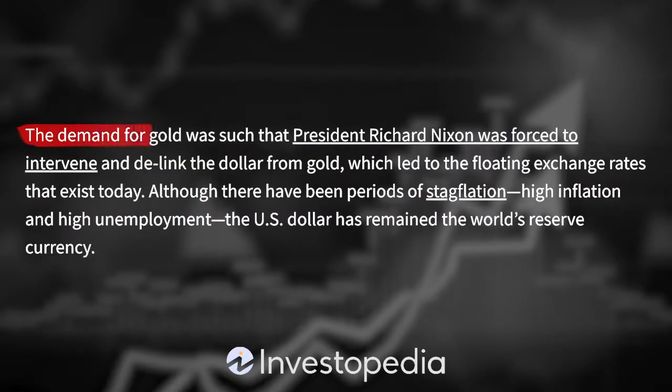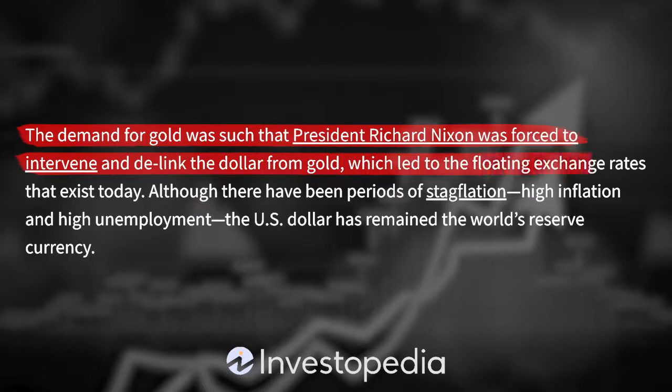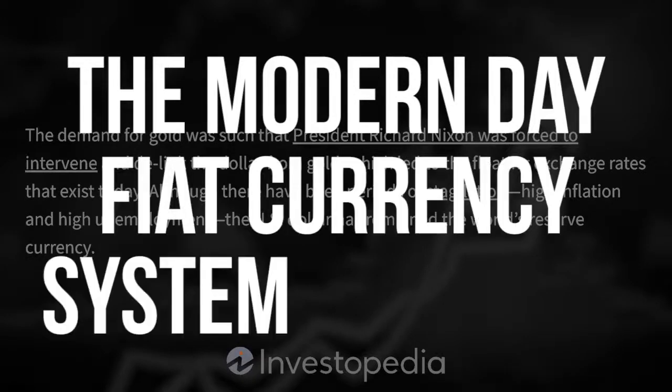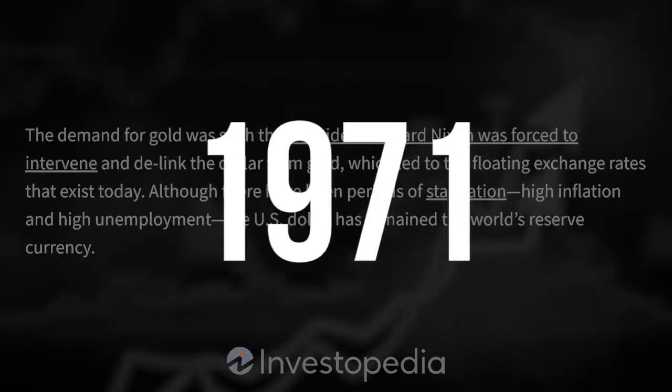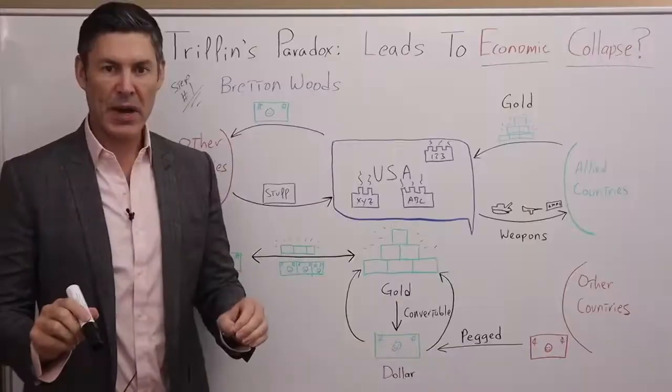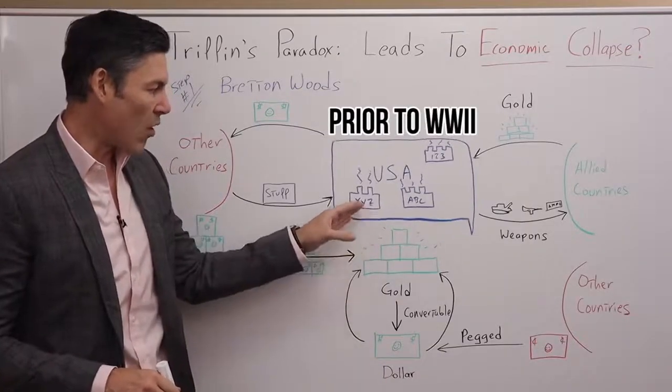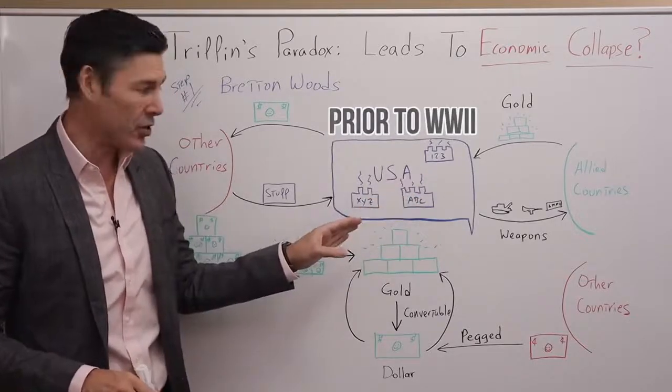The demand for gold was so high that President Nixon was forced to intervene and de-link the dollar from gold, which led to floating exchange rates that exist today. In other words, the modern-day fiat currency system was born, 1971.